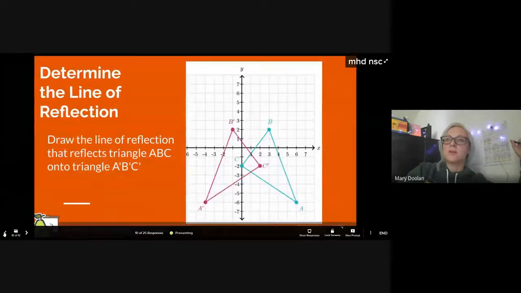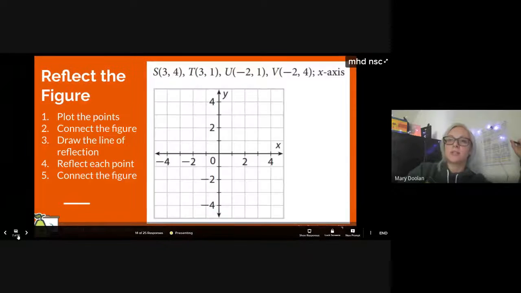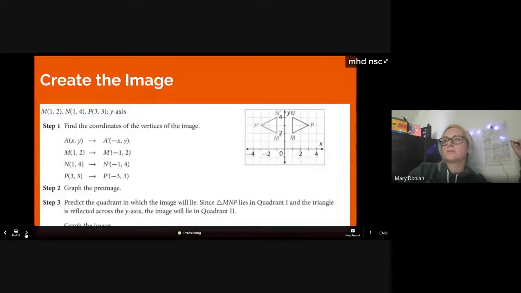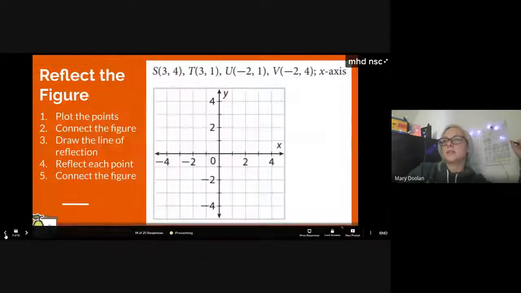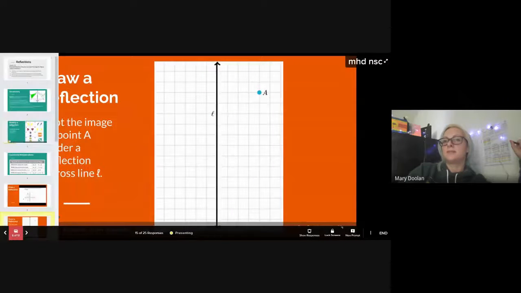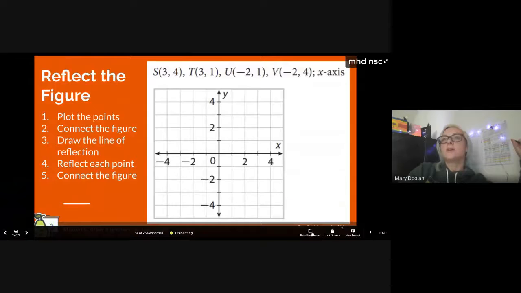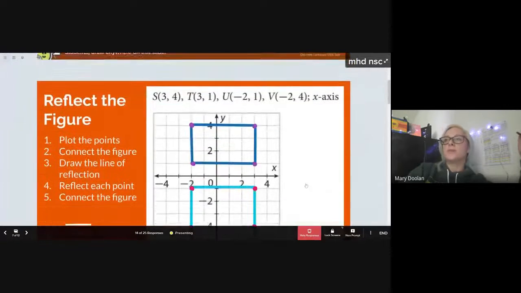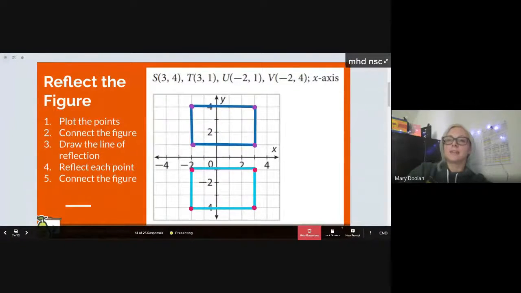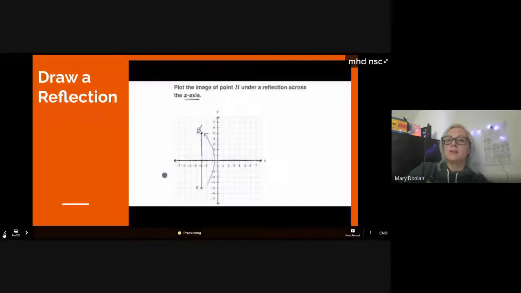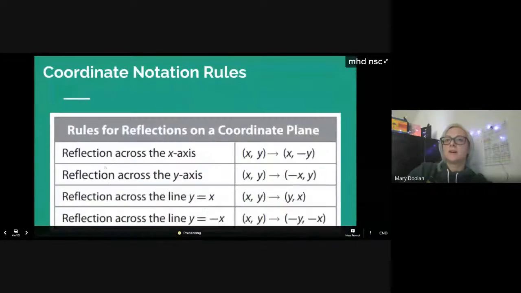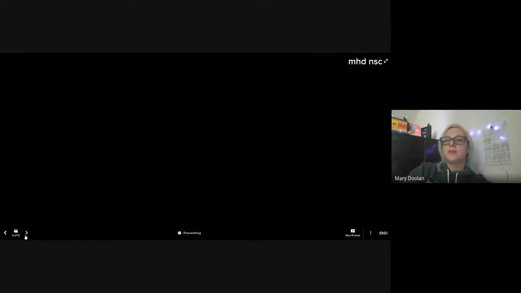Whereas on a problem like, and I probably just went too far. No, I didn't. It's here. This one. Aha. Go back. Right here. So on this one, you know, the rule of reflecting over the x-axis, where you take x, y, and then you rewrite it with a negative y coordinate.